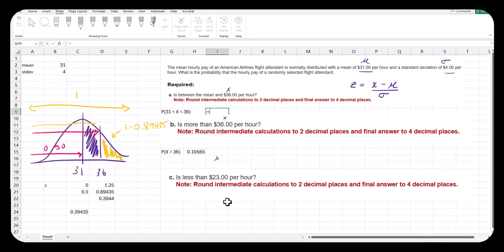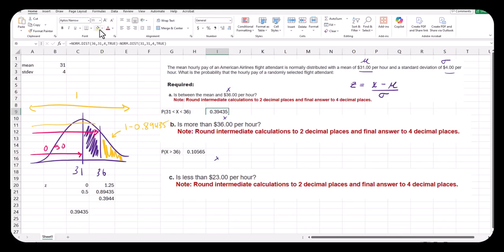So I'll write it out for you to even see it again. Norm.dist, the x 36, the mean 31, 4, true, minus the 31, 31, 4. I'm just retyping this again so you're seeing the formula twice. And I hit enter, and so I got that value. So that's my first answer, and this is my second answer.